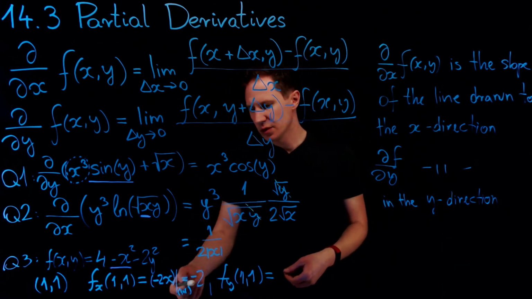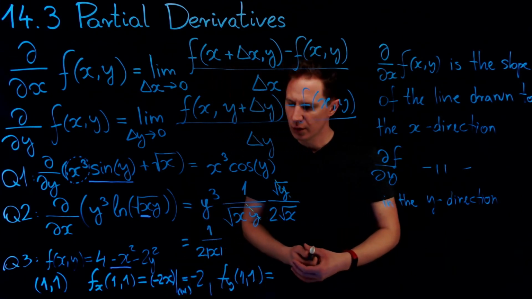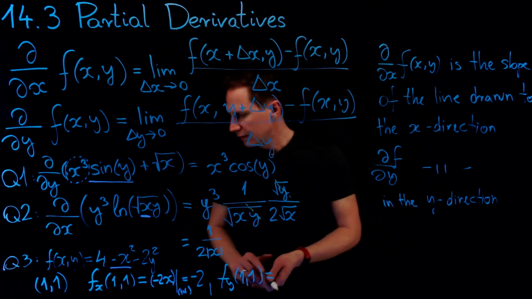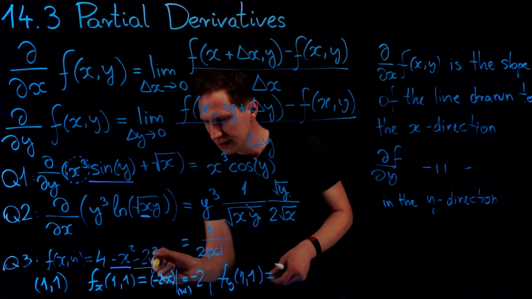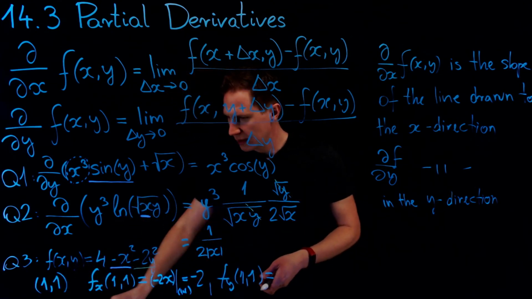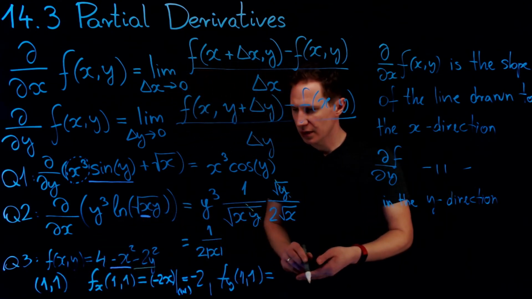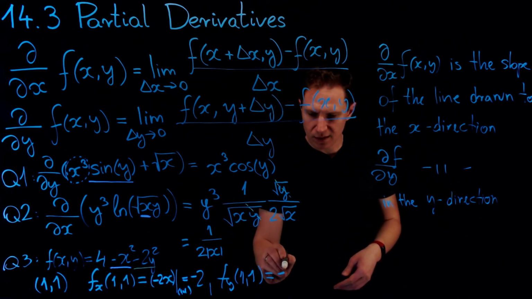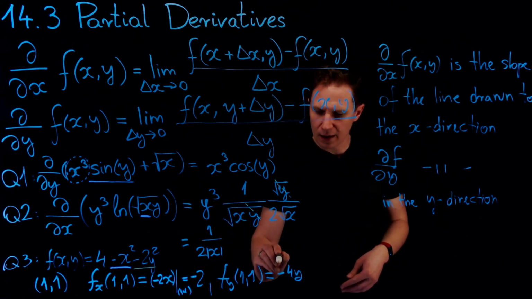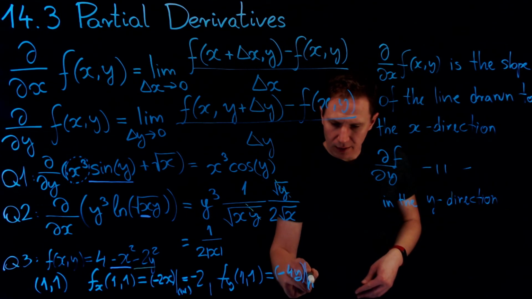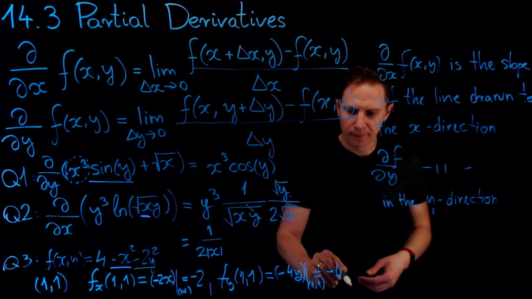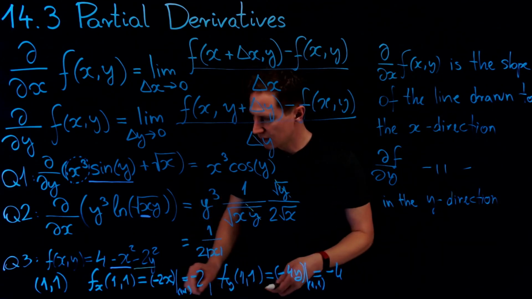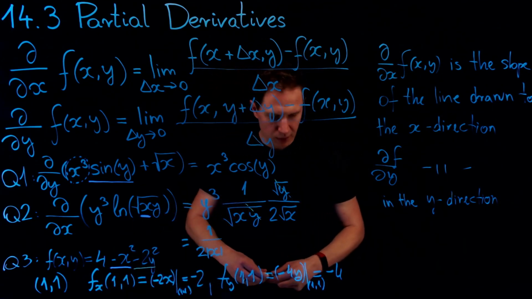And similarly with respect to y, we only care about this term. All the other terms differentiate to 0, and that term differentiates to minus 4y, which when we substitute x equals 1, y equals 1, we get minus 4. So minus 2 and minus 4 are the two numbers that we get.